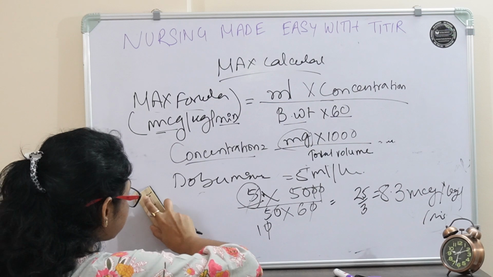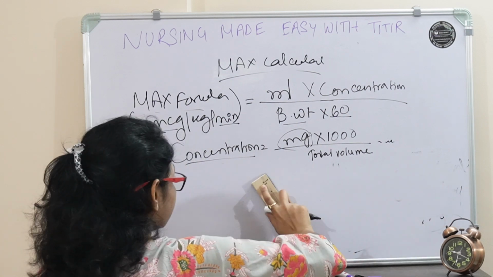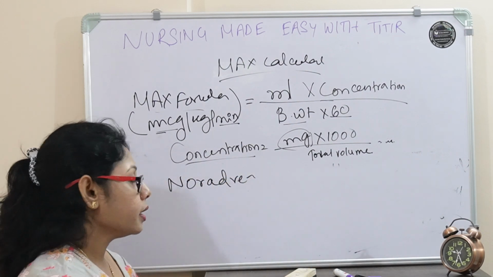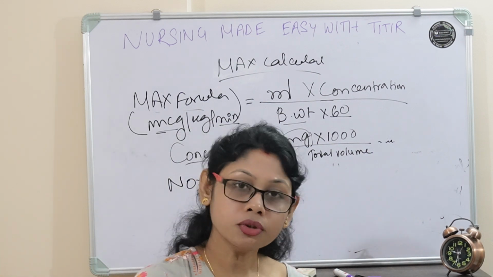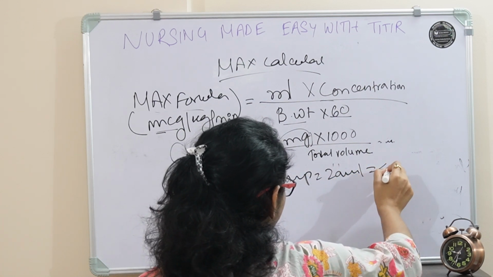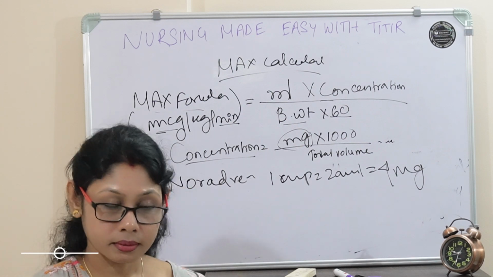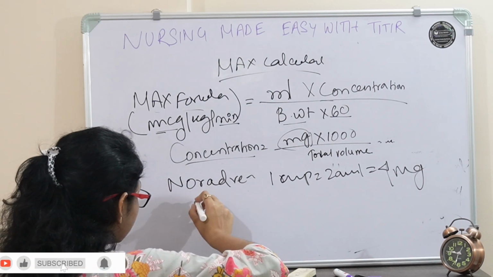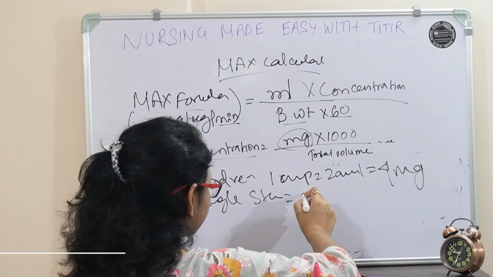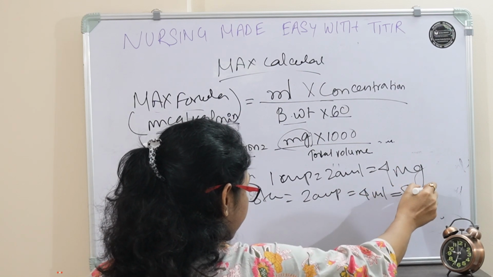Okay, next we will take the drug noradrenaline. Noradrenaline 1 ampoule contains 2 ml, and 2 ml is equal to 4 mg. Norad we can dilute as single strength or double strength. First we will discuss the single strength. For single strength dilution, we will take 2 ampoules of norad, that means 4 ml of norad, which comes to 8 mg.